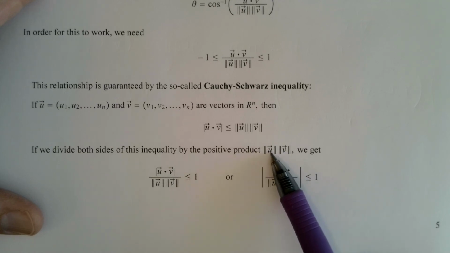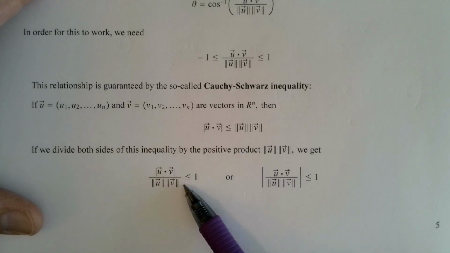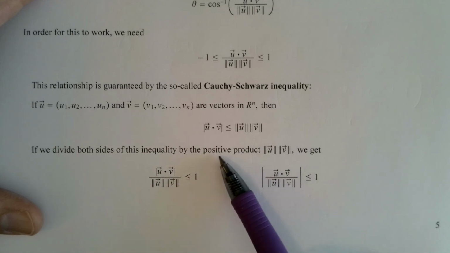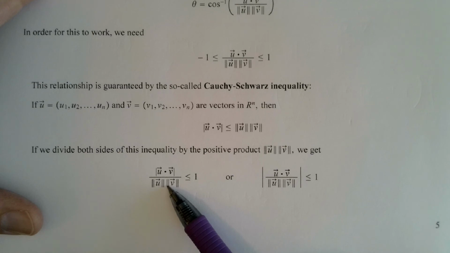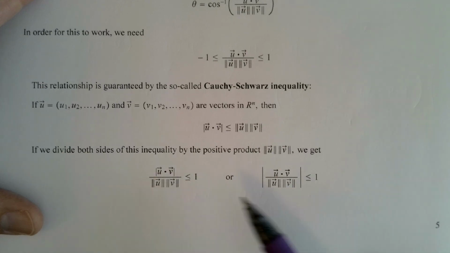Dividing both sides by a positive number doesn't change the sign of the inequality. Okay, and then because the denominator is always a positive number, I can rewrite this expression as just the absolute value of the whole thing.